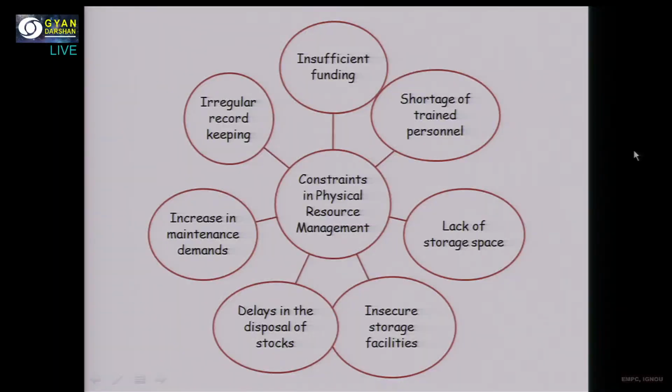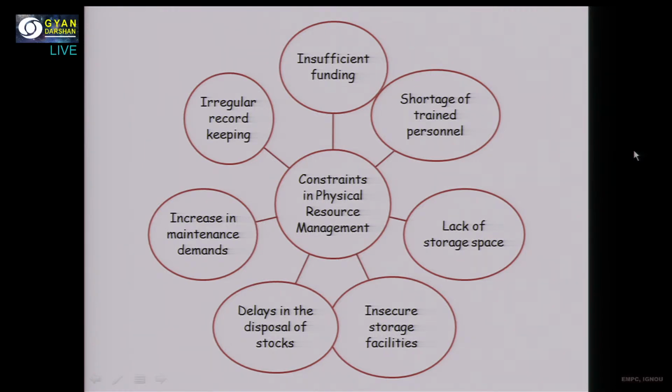And coming to the next point, that is the constraints in physical resource management. So we have seen what are the principles of physical resource management, the procedure of physical resource management, the characteristics of physical resource management, and what is the role of the head teacher.